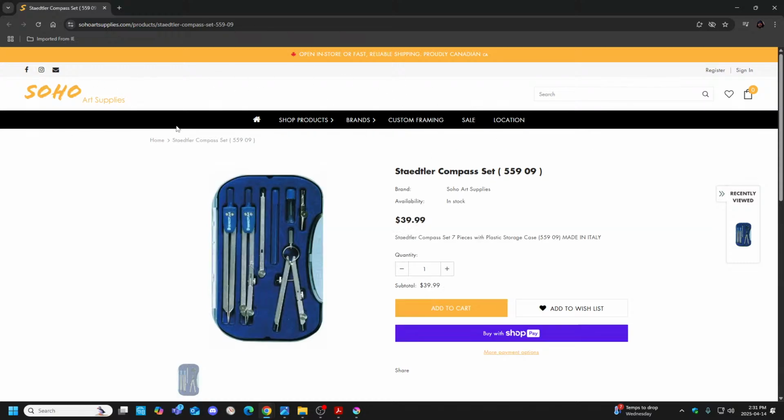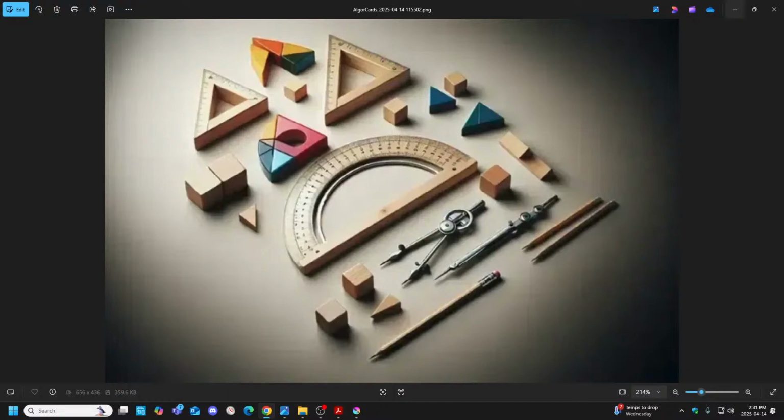I don't know if this is local to you or not, but Staedtler or whatever, really good brand. That's a really good set. Typically, you would buy the cheaper sets when you're in high school. It's probably what your parents may buy you. So yeah, we'll leave it at that. I don't want to get into that, but that's essentially what that is.